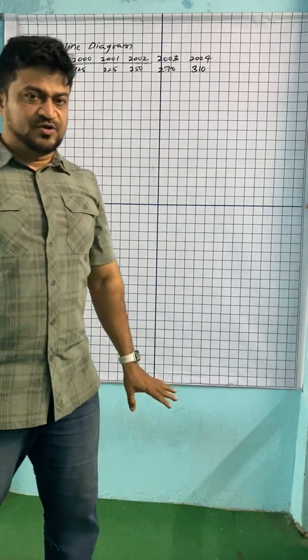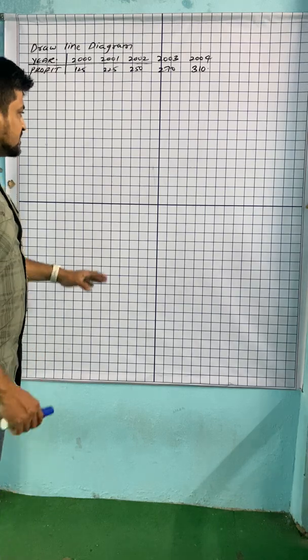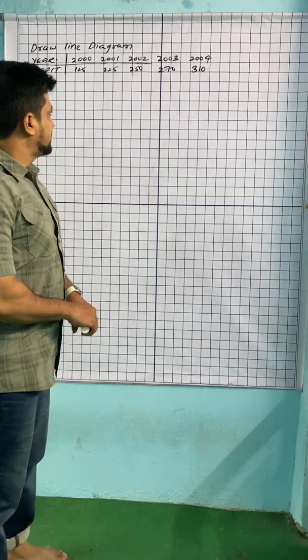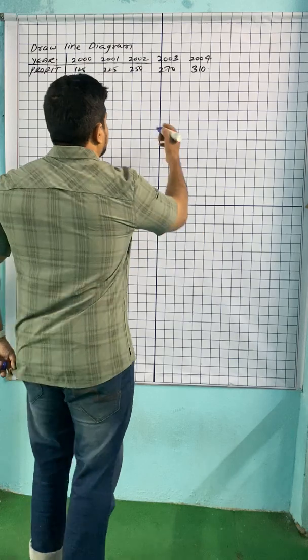There are a few basic points you need to remember. What are the points? Suppose this is the graph paper.